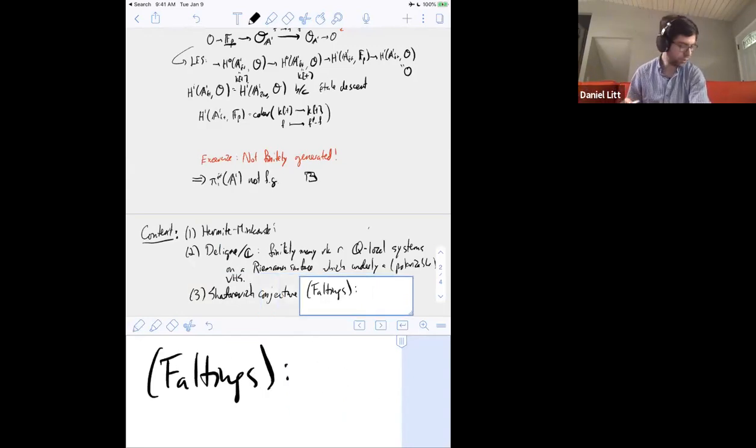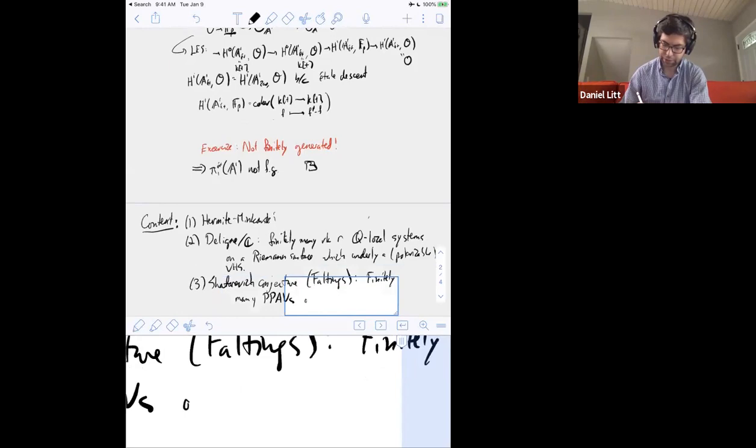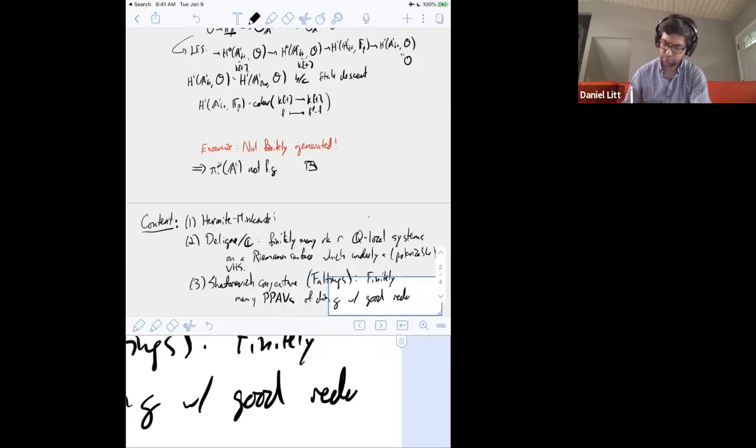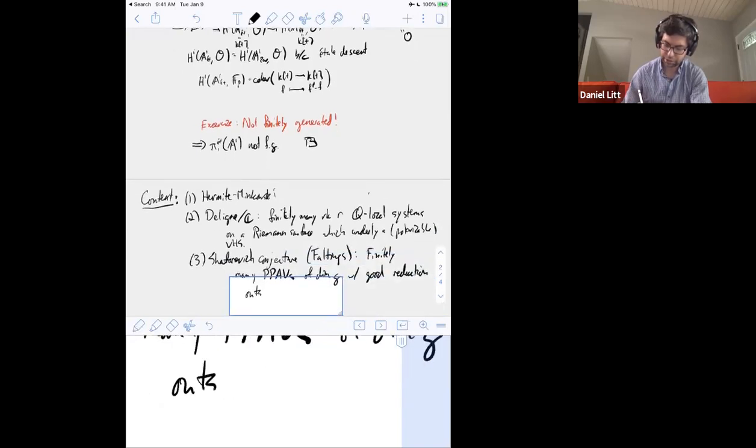And what Faltings proved is that there are finitely many, well, one way to say it is that there are finitely many principally polarized abelian varieties of a given dimension with good reduction outside S, where S is a set of places of a global field.